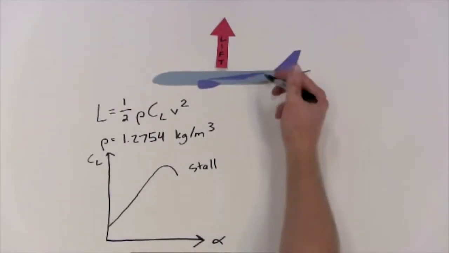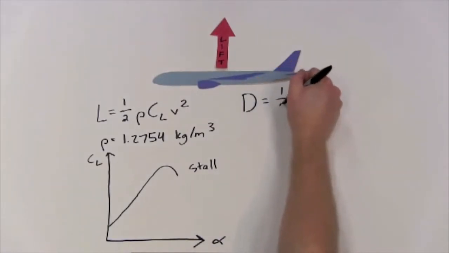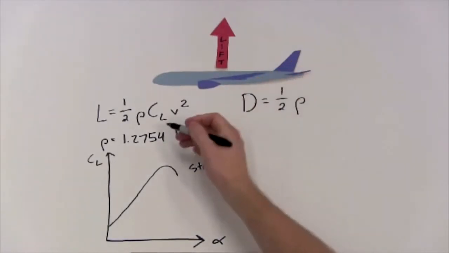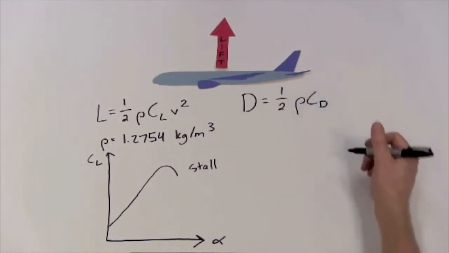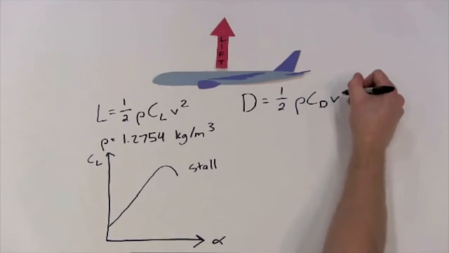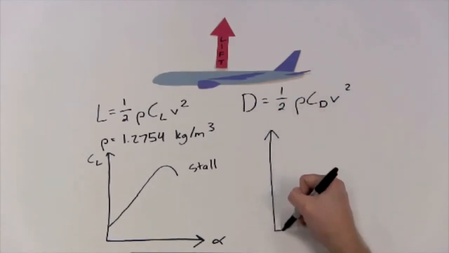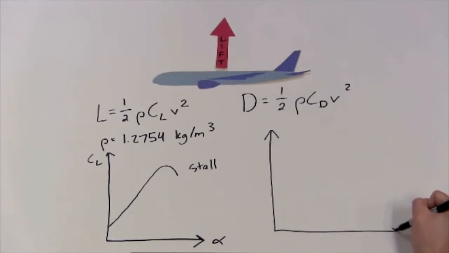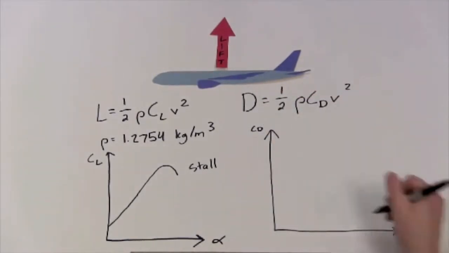There's a similar equation for the drag per unit wing area, D. D equals 1/2 rho, not CL, that really wouldn't make any sense, CD. As you can guess, it's the coefficient of drag times the velocity squared. The coefficient of drag is another number that tells us something about the wings, and it also varies with the angle of attack.